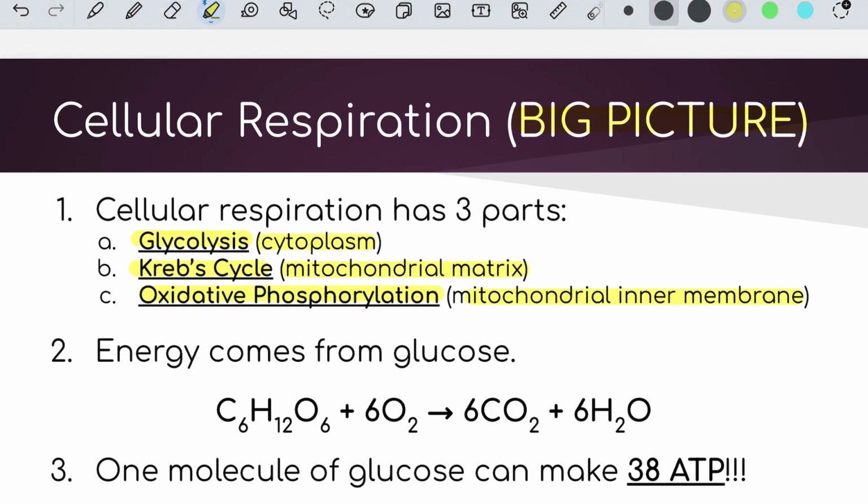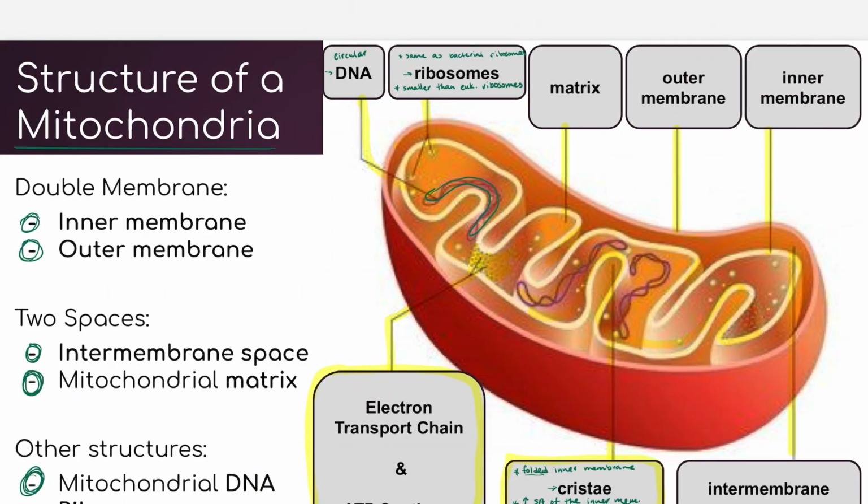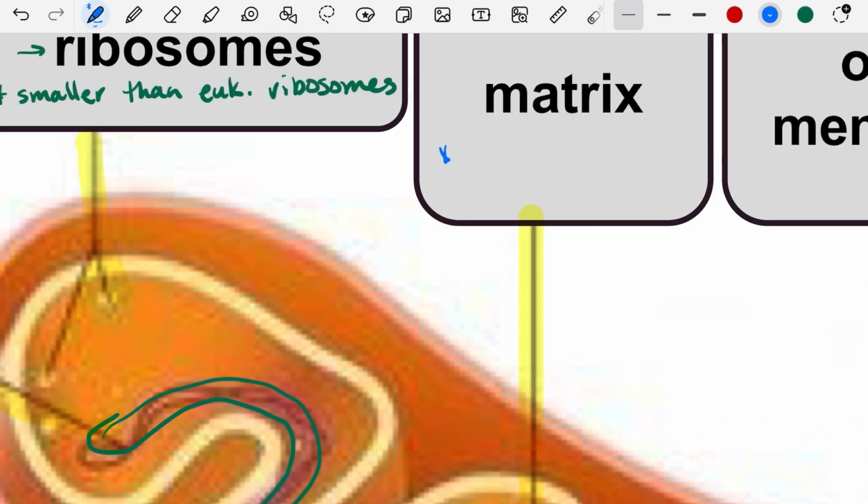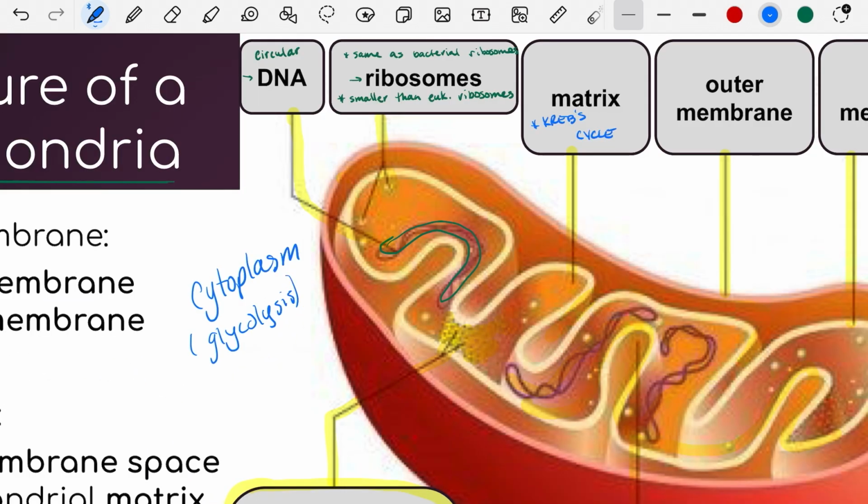Okay, so if we go back to that picture here, out here is the cytoplasm. And out here is glycolysis. Okay, now in the matrix is where we have the Krebs cycle. Okay, Krebs cycle happens in the matrix.